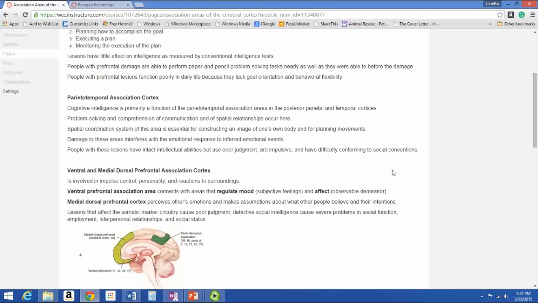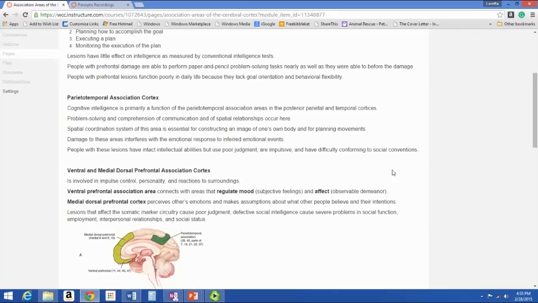And so if you have damage to these areas, it can cause problems with social interactions with people, and people can even develop some paranoia and delusions based on this because they're interpreting emotional events differently. So people with parietal temporal association cortex lesions tend to have intact intellectual abilities, but they use poor judgment, they're impulsive, and they have difficulty conforming to social conventions.